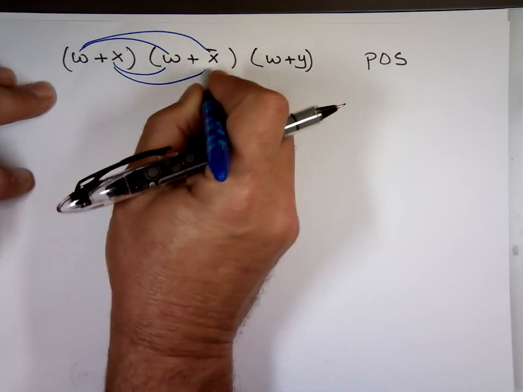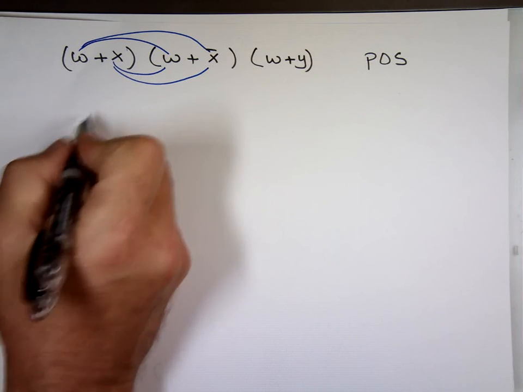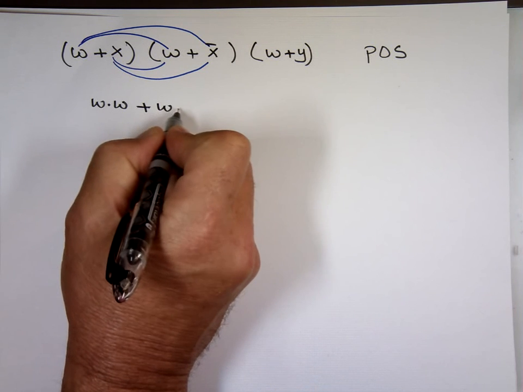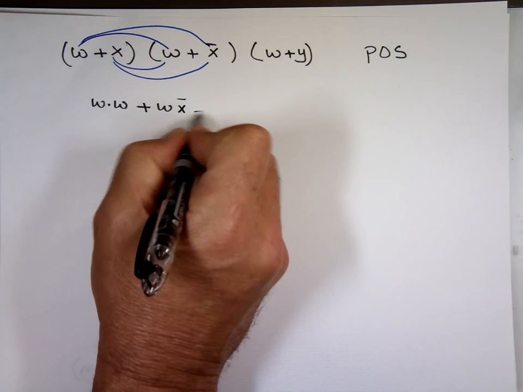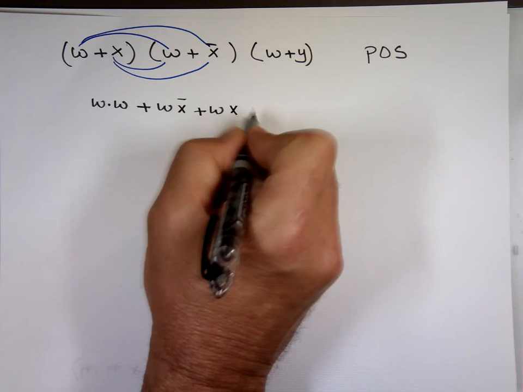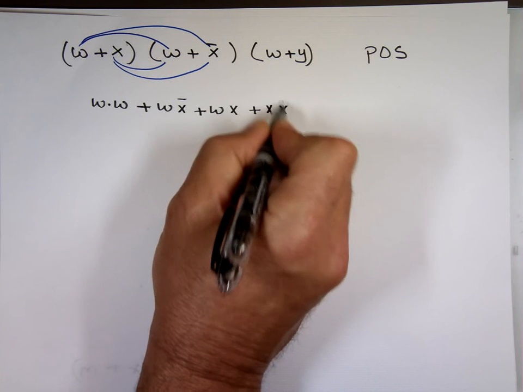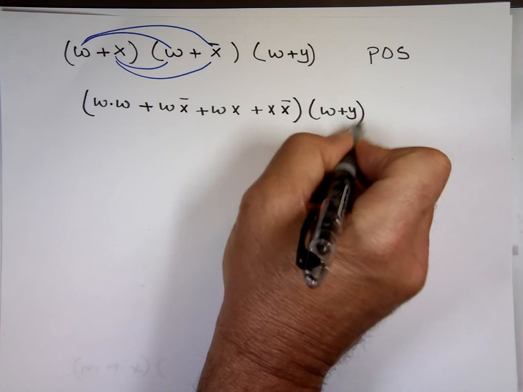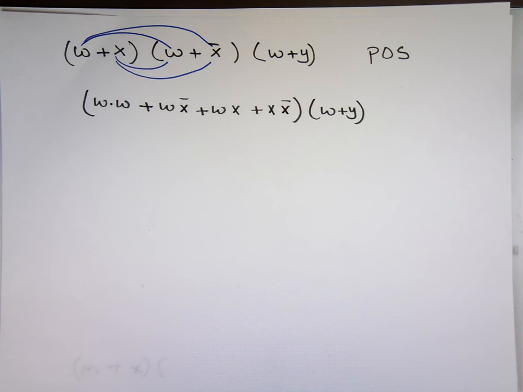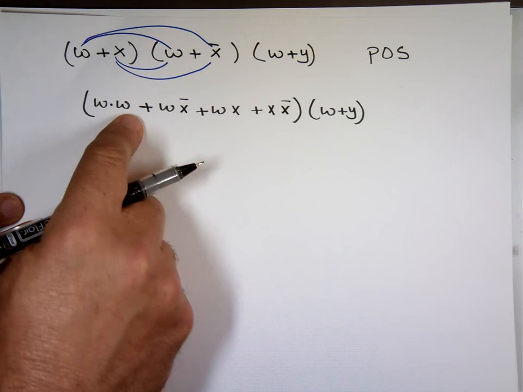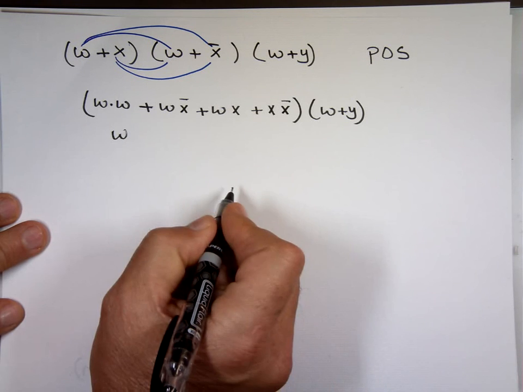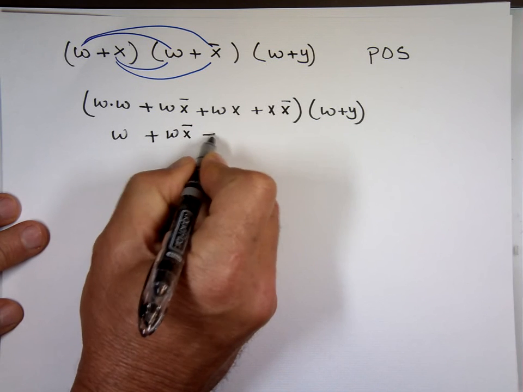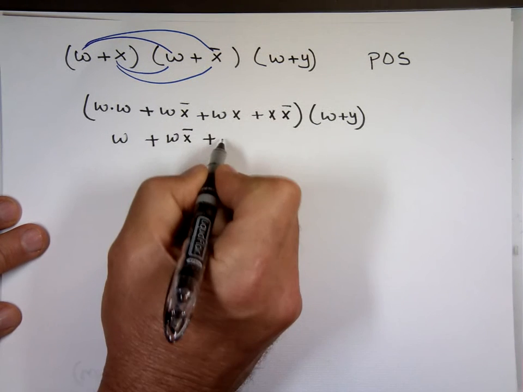W and W plus W and X bar plus W and X plus X and X bar. What's W and W? W. Plus W X bar plus W X. What's X and X bar? 0.